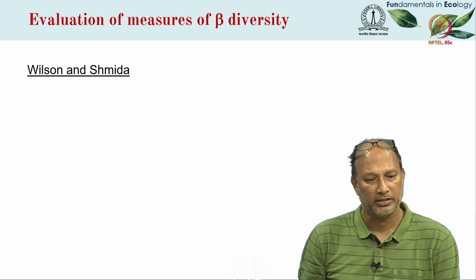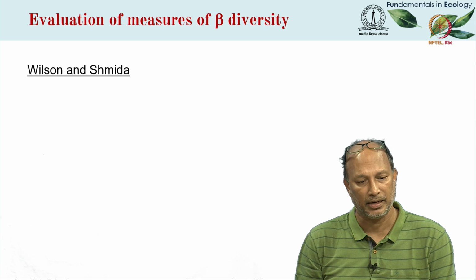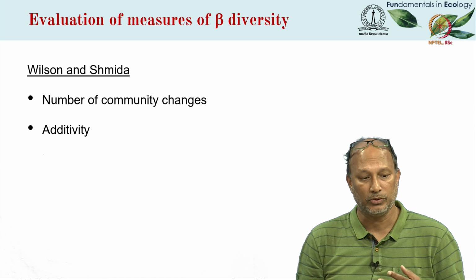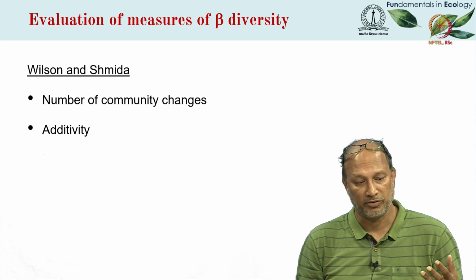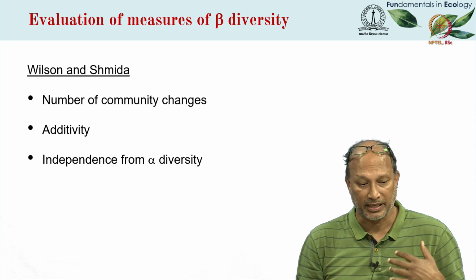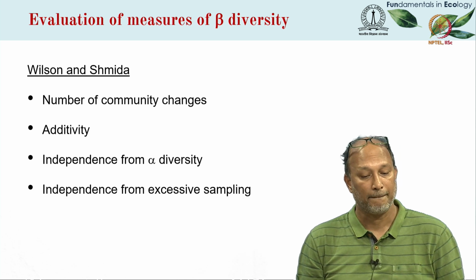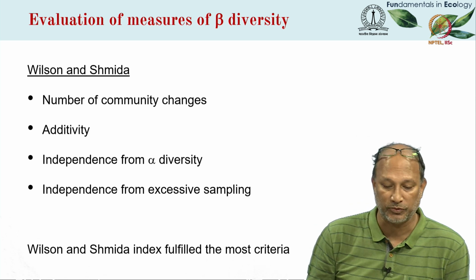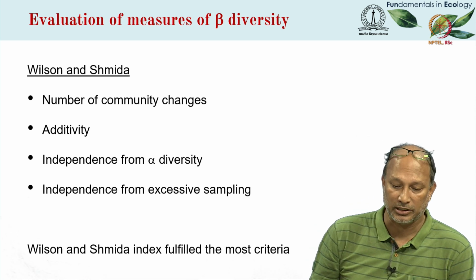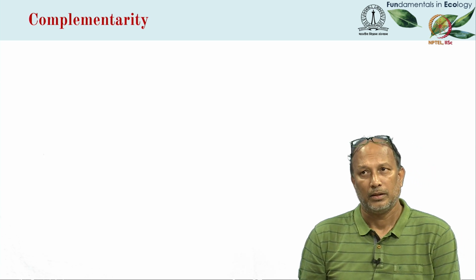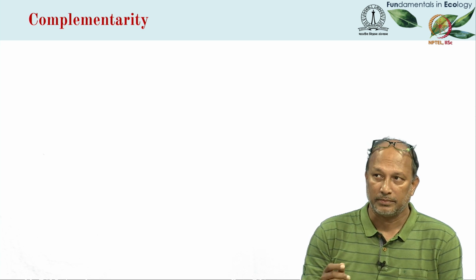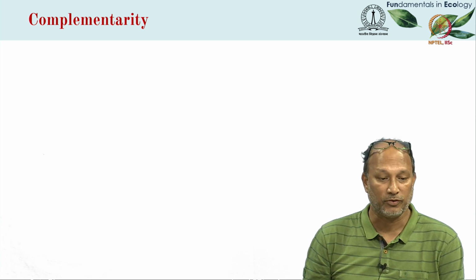Now, again, Wilson and Schmida provide an evaluation of measures of beta diversity. They point to a number of factors such as the number of community changes, whether it's additive, its independence from alpha, its independence from sampling, and they came up with an index which fulfilled the largest number of these criteria. A similar but slightly different approach is the idea of complementarity.